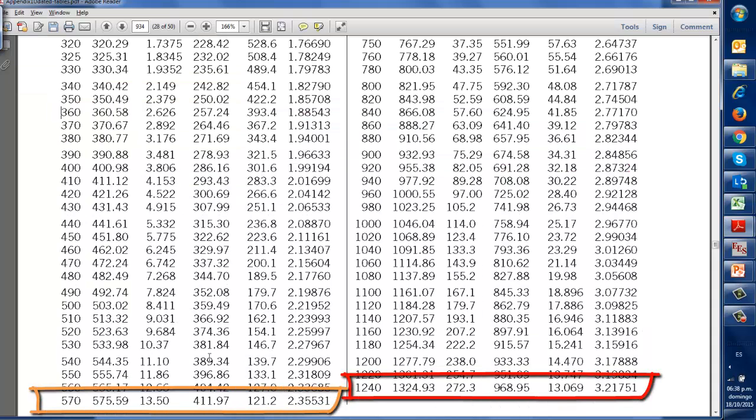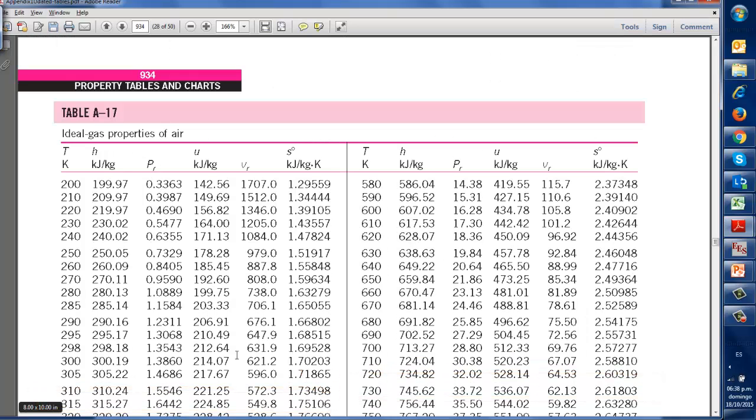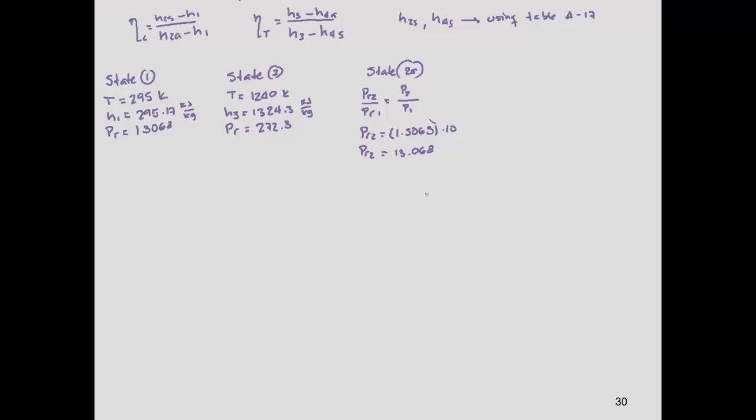And as we go down, we notice that we have 13.5 for 570 and 14.38 for 580. So by interpolation, we have H2s to be 570.23 kilojoules per kilogram.